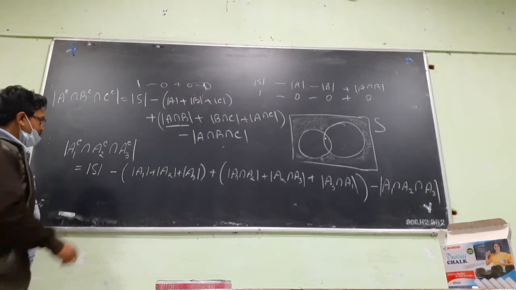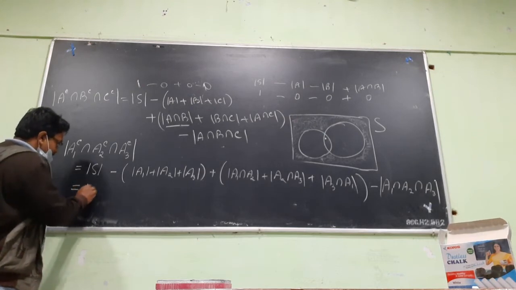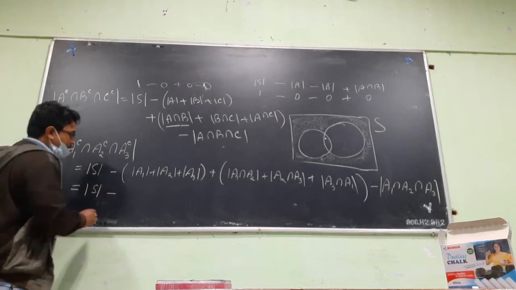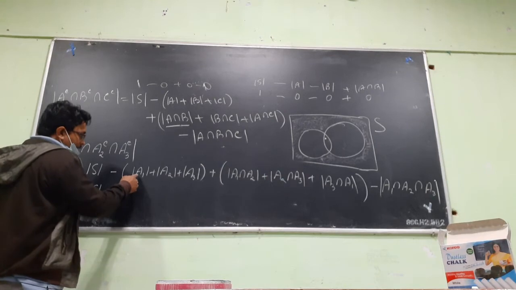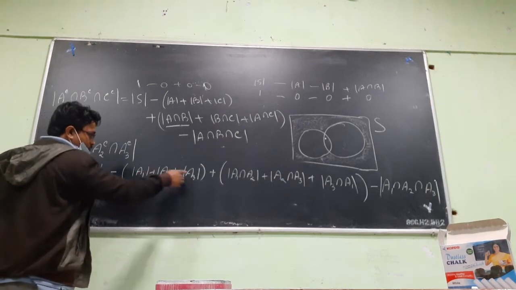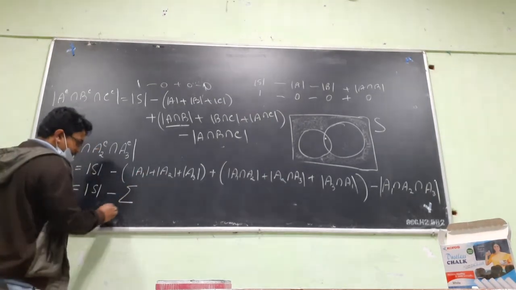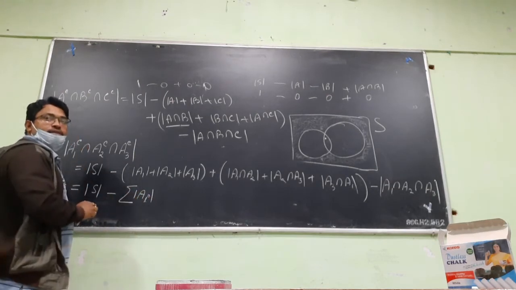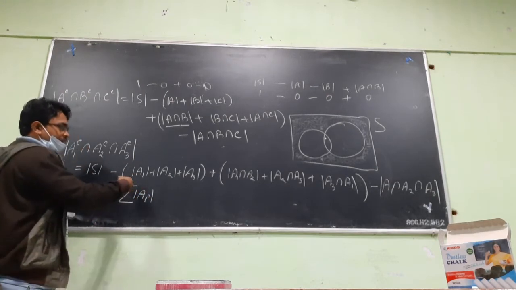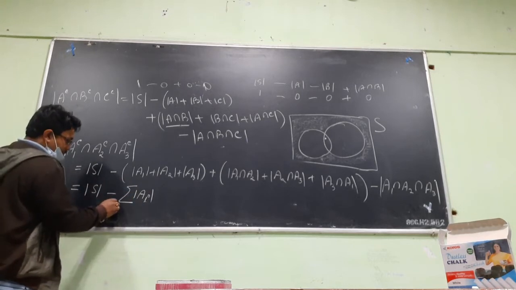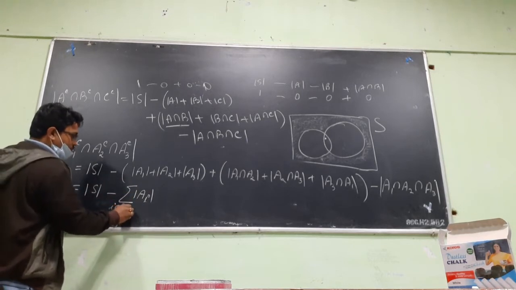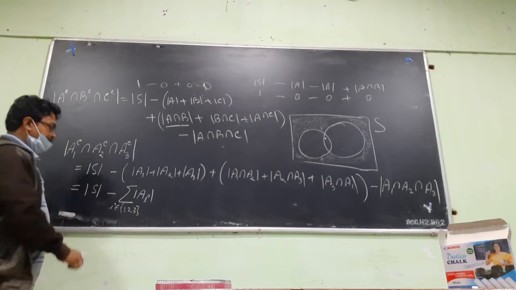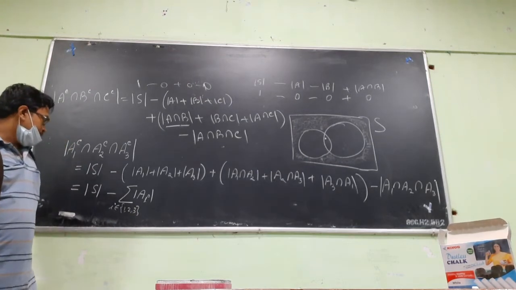So I can write this in short form as this: mod A1, mod A2, mod A3. I can write this one as summation of mod of say Ai, the sum of the sets taken one at a time, where i belongs to 1, 2, 3.